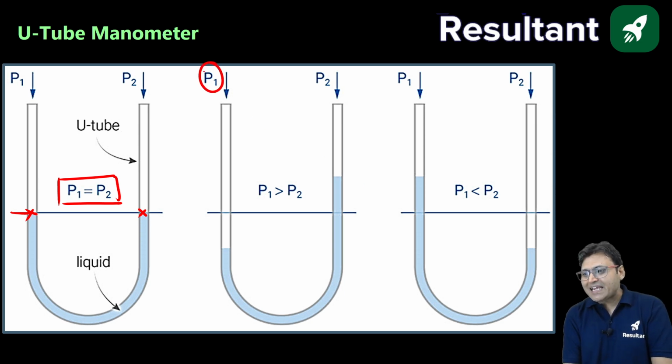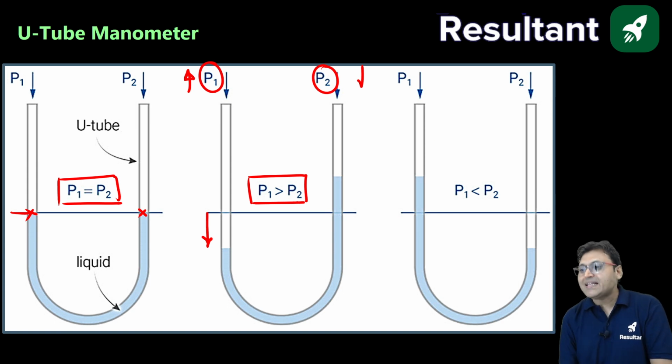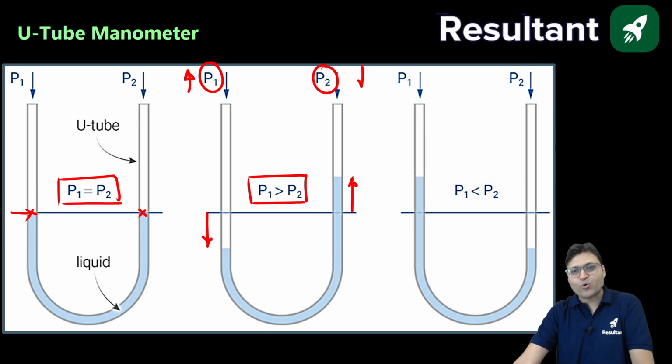Now if we increase the pressure P1 or if I decrease the pressure P2, so there is a difference in the pressure in both the limbs. So by increasing the pressure P1, the high pressure will push the liquid in downward direction, or the low pressure in right limb will pull the liquid in upward direction.